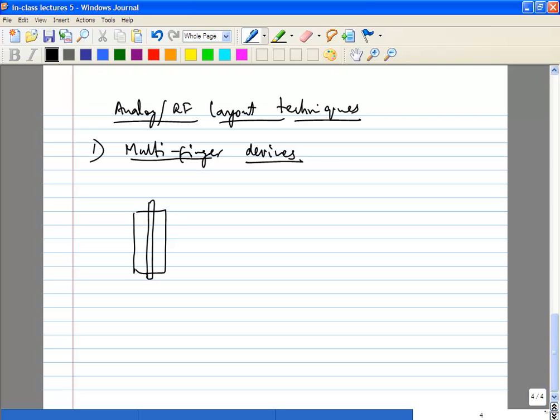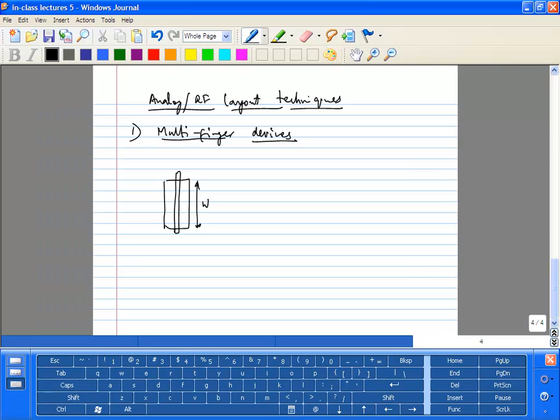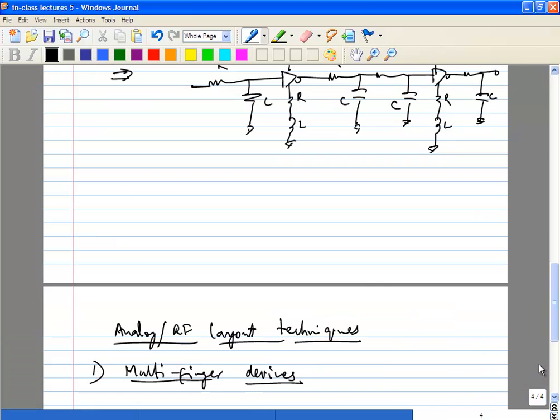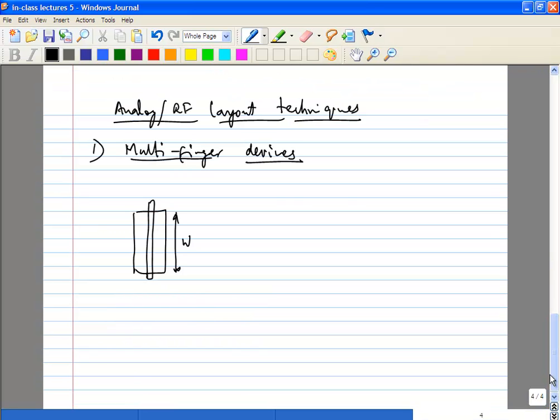So let's take a single transistor of width W, and we are going to call this dimension E. For now you will see why, because that's actually quite significant.